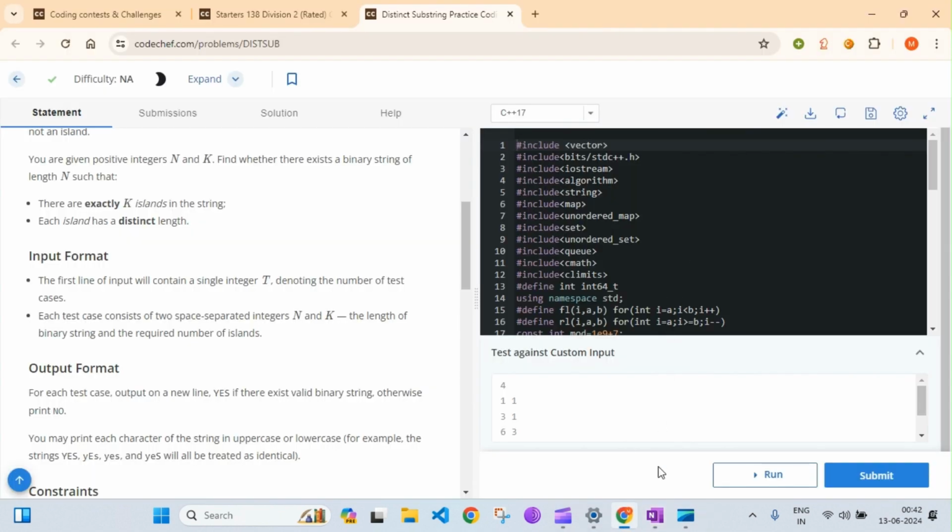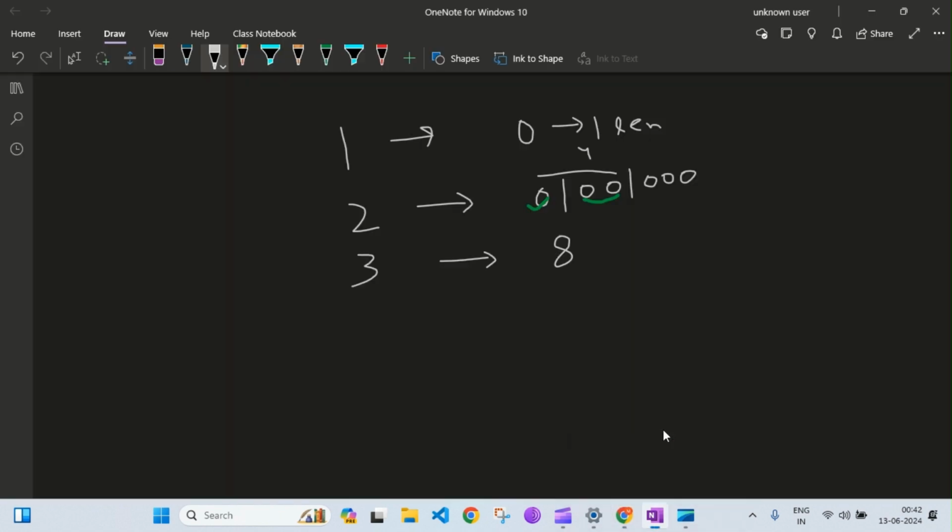So what do we observe? For one we can take one, but for two, we are adding one boundary to the previous answer, and then the current length, right? So it is 1 plus whatever the previous answer is.